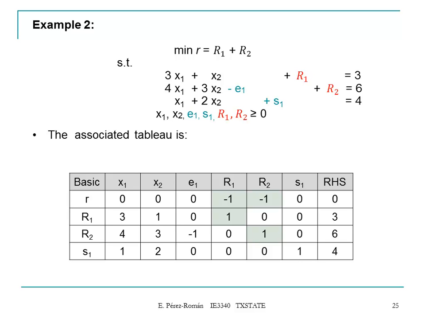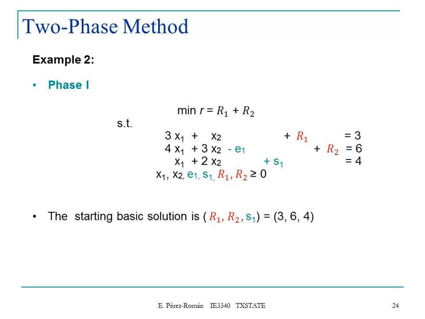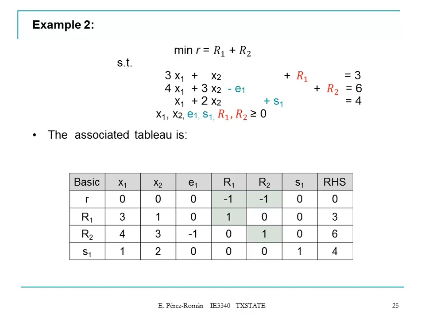But we cannot do that if we don't add those artificial variables, because you will not be able to get this identity matrix, that basically tells you that you have basic variables, three basic variables for your initial solution. So we have those artificial variables, and now we have our initial tableau. And now we have a group of variables that we can use as basic variables. So we can start looking for our initial basic feasible solution.